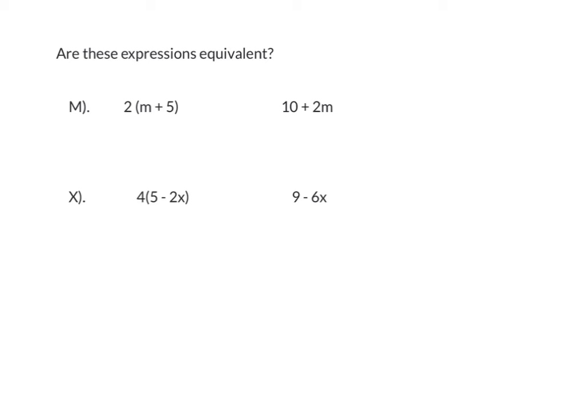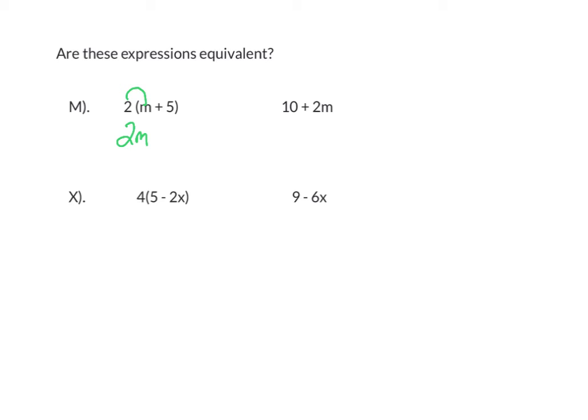Let's try some practice. Are these expressions equivalent? Take a look at example M. Is 2 times the quantity m plus 5 equal to 10 plus 2m? In this case, we can use the distributive property to multiply the 2 times each of the items in parentheses.